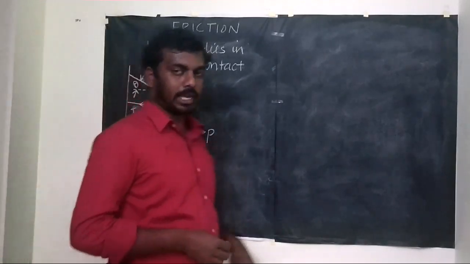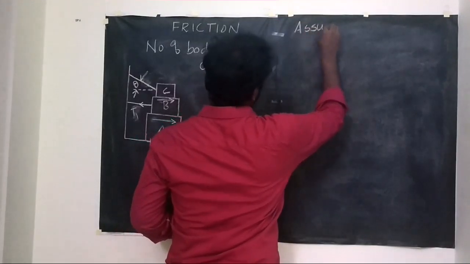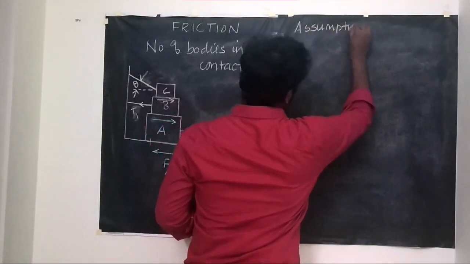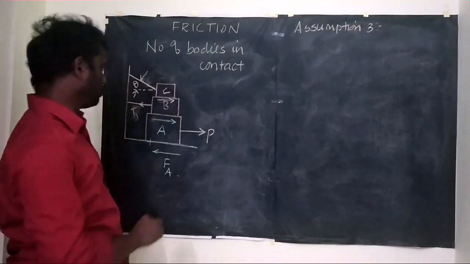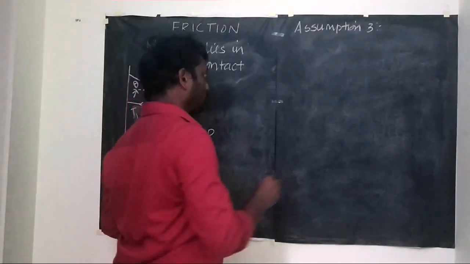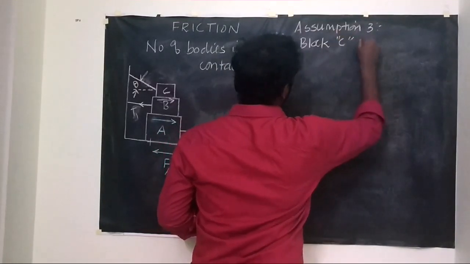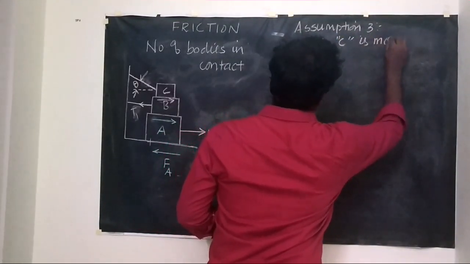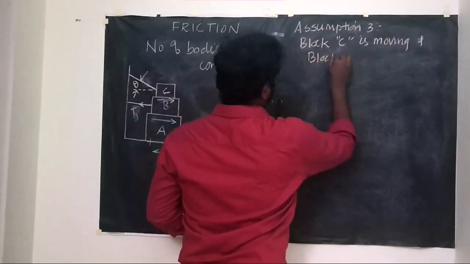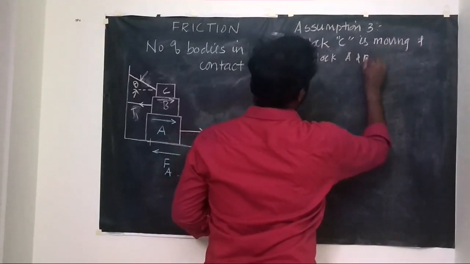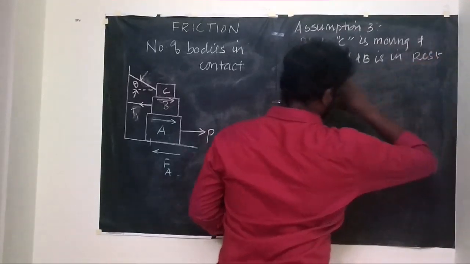Then I am going to take my third assumption. Assumption 3: block C is moving, and block A and B are at rest.